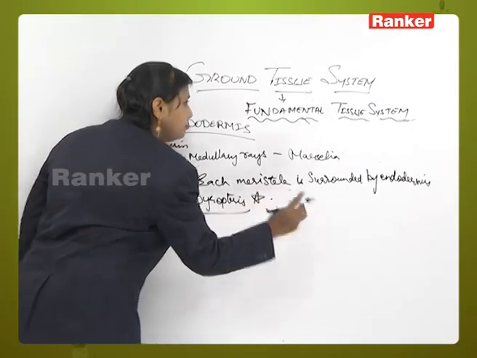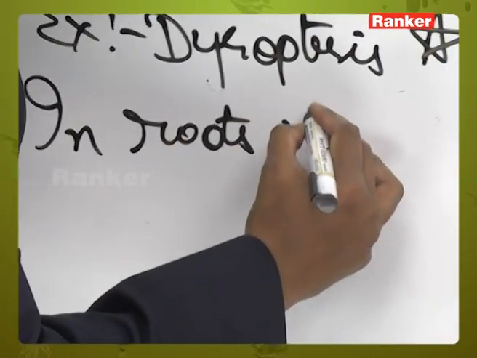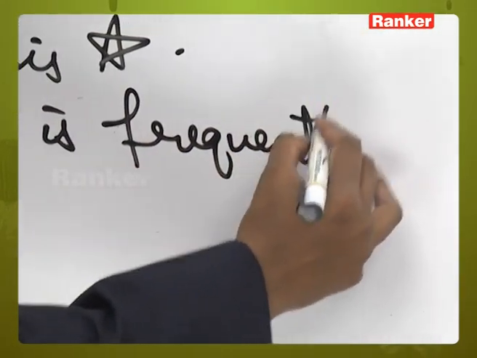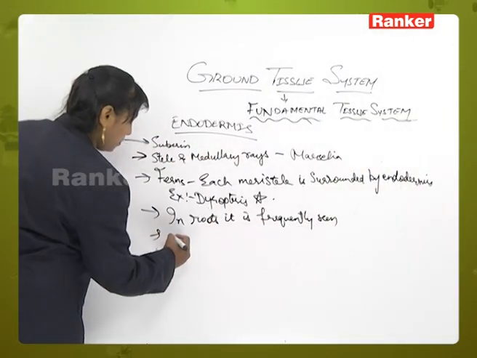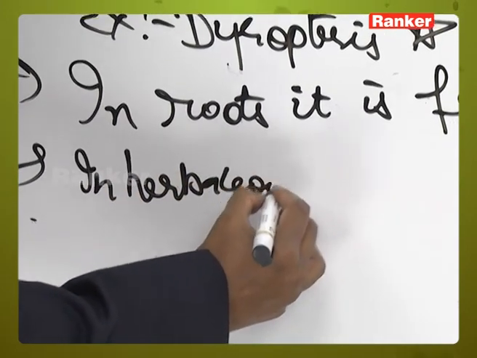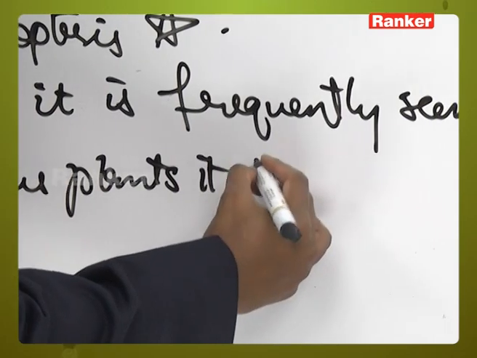This is important. In roots, it is frequently seen. In herbaceous plants, it is of common occurrence.